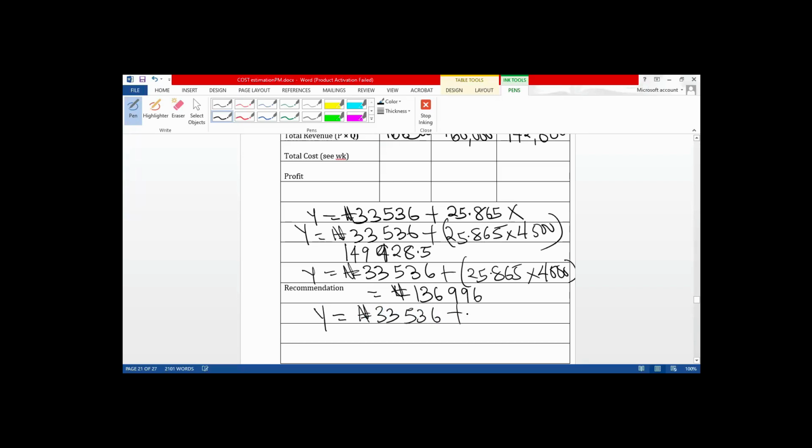Then the third option, total cost is 33,536 plus 25.865. That equation is the equation of total cost. Your X is the volume. Just remove the X and put the number of volume. This is multiplied by 3,400. What is total cost here? 121,477.